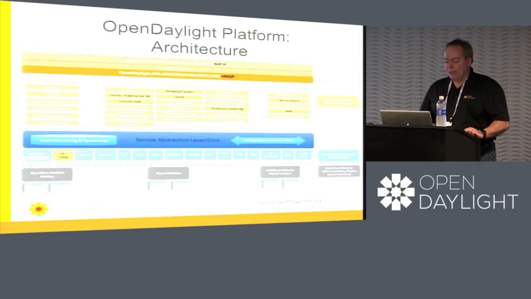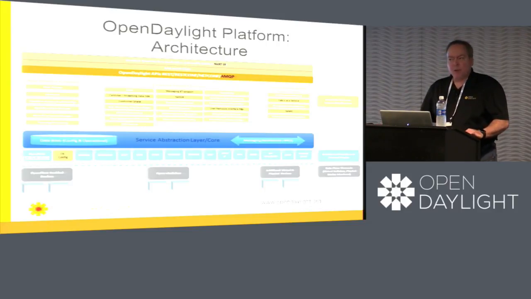Again, for the Beryllium release, we had some new components, Sentinel, which is a streaming data handler, actually sits on top of another project called Time Series Data Repository, or TSDR. Controller Shield is a set of tools to actually help you understand what your security vulnerabilities are from either northbound, east-west traffic, or southbound.